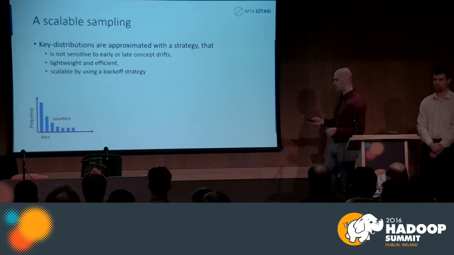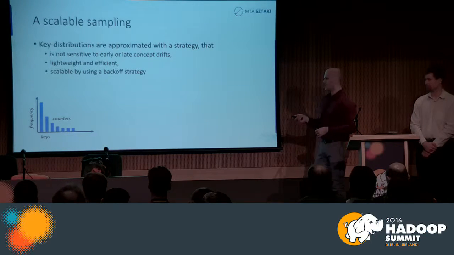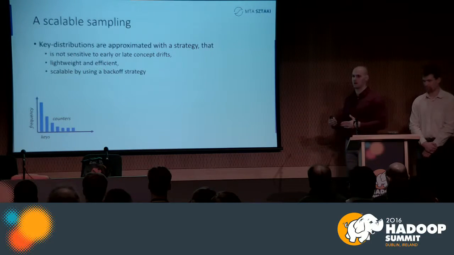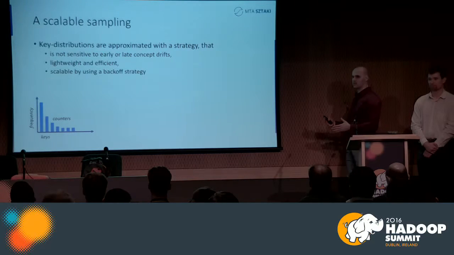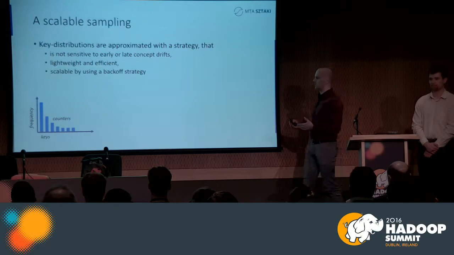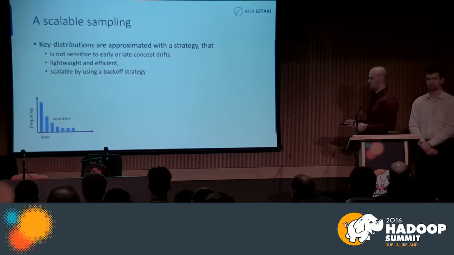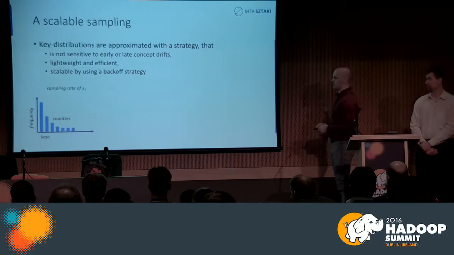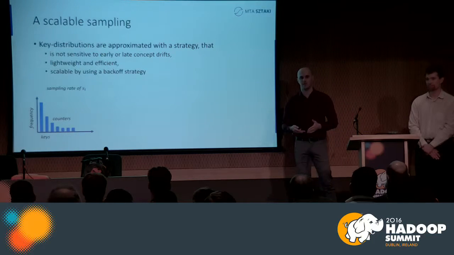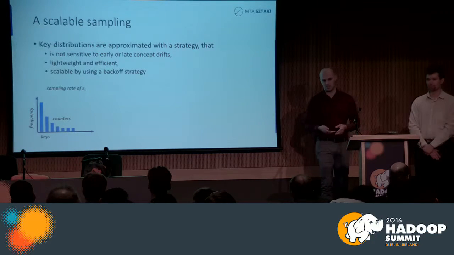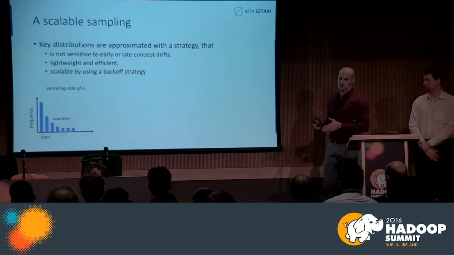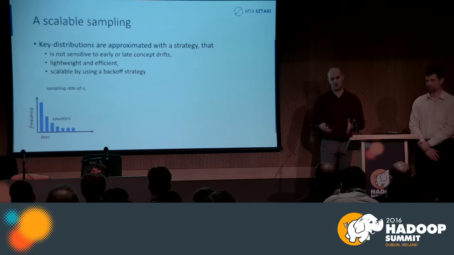Sampling. So let's see. First, we are going to have something like a histogram. We are going to store keys, and we are going to approximate the frequencies of the keys in these so-called counters. And then, because we have probabilistic sampling here, we are going to initialize a sampling rate.